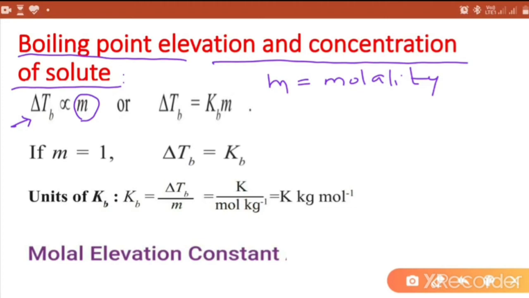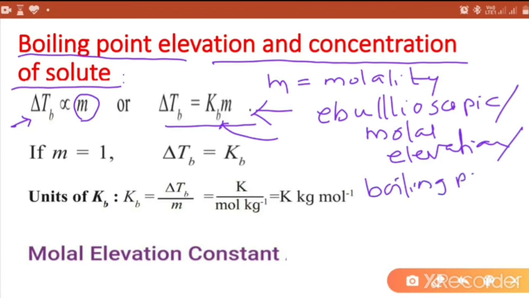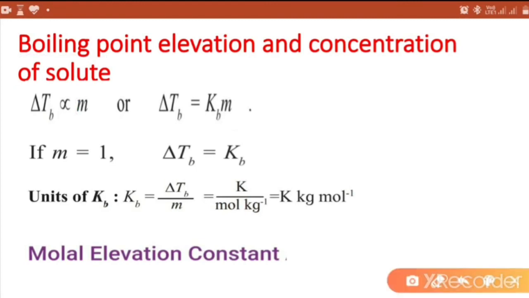The equation becomes delta TB is equal to Kb into small m, where Kb is called the ebullioscopic constant or molar elevation constant or boiling point elevation constant, and small m is molality.